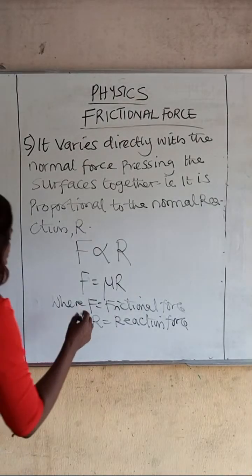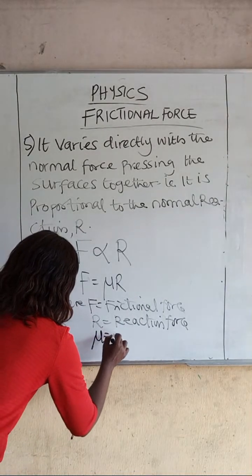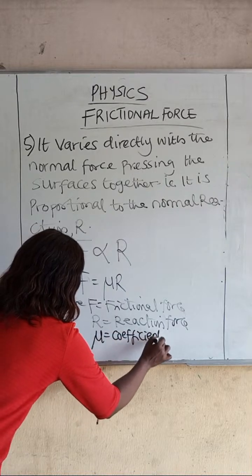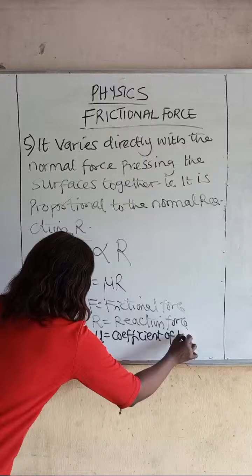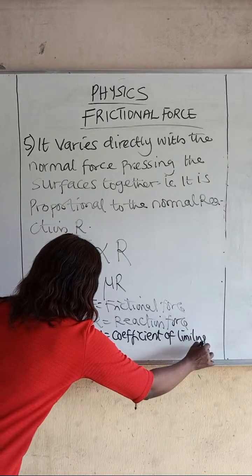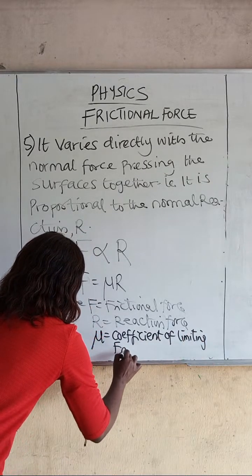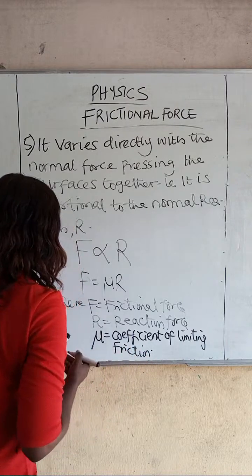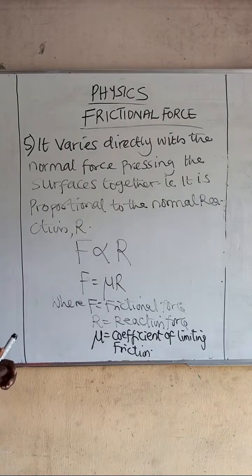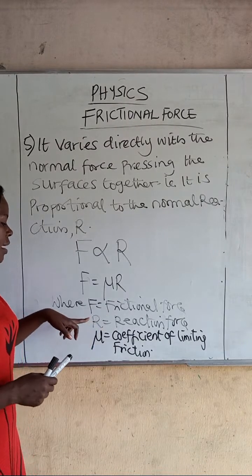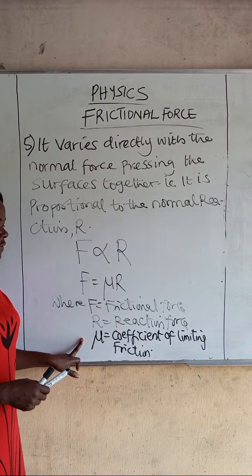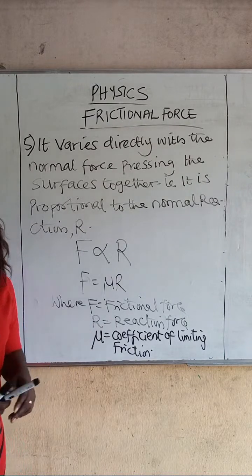Then mu is the coefficient of limiting friction. F is the frictional force, R is the reaction force, and mu is the coefficient of limiting friction. Okay?